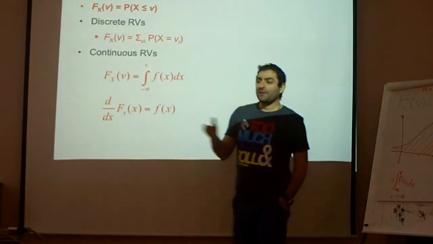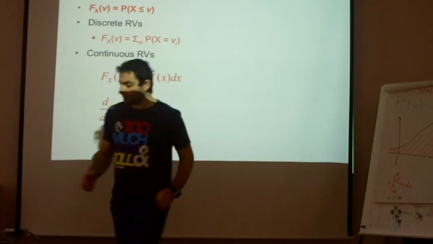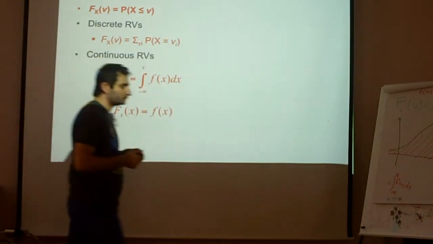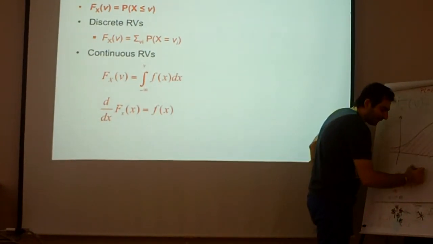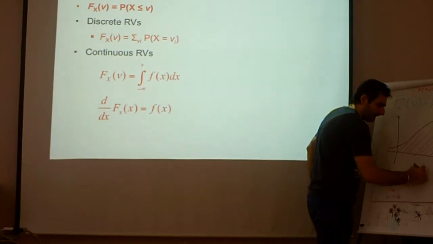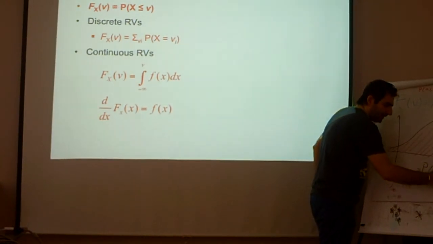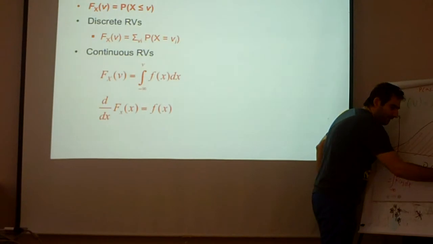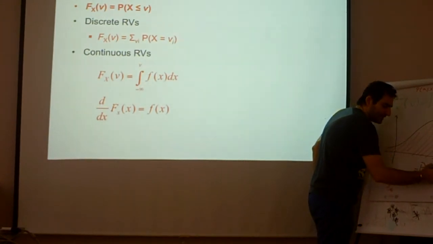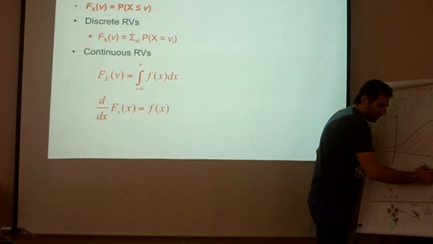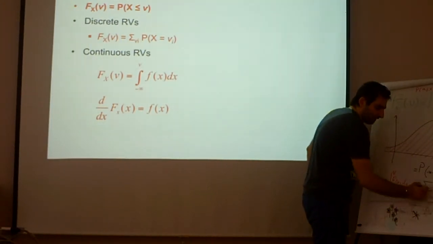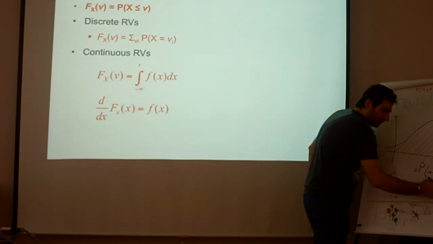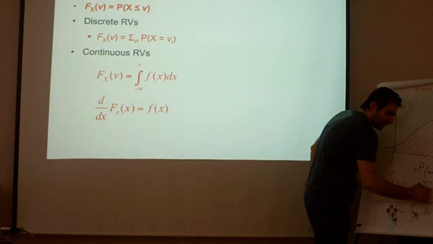Now, what will happen if we have a discrete form? If we have a discrete form, it means that the probability of x less than b, and x is greater than minus infinity still, will be the summation of the xi's from minus infinity till b.